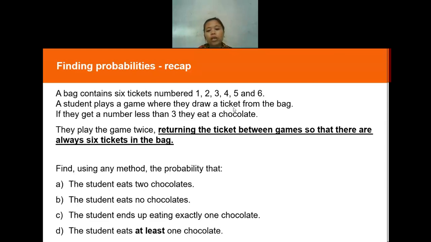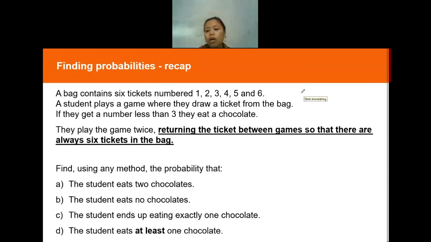So there will be numbers in here 1, 2, 3, 4, 5, 6. Now if they get the number less than 3, they will eat chocolate. Can you tell me what is the probability of getting chocolate? Getting a card that will have a chocolate. That's what I mean. 2.